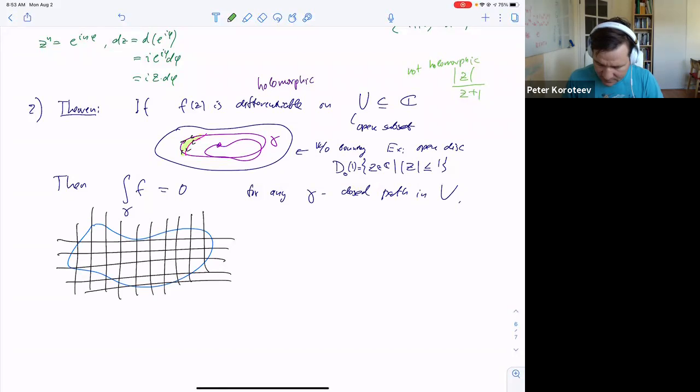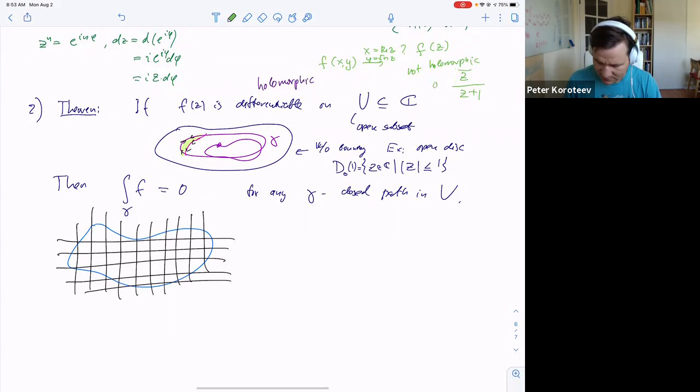In other words, you can ask it differently. Say you have a function of two variables, f of x and y, and you can use the fact that x is the real part of z and y is the imaginary part of z. You can ask yourself, can you write it as a function of the complex variable z? You can always write it in terms of z and z bar.